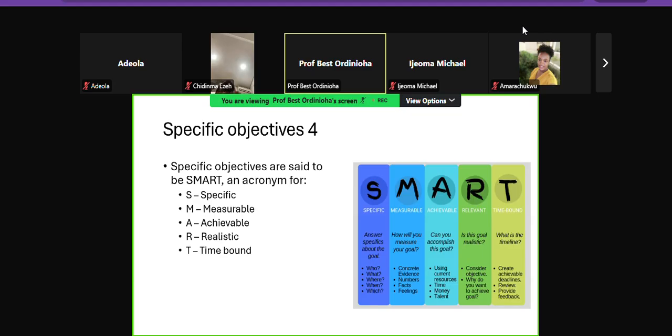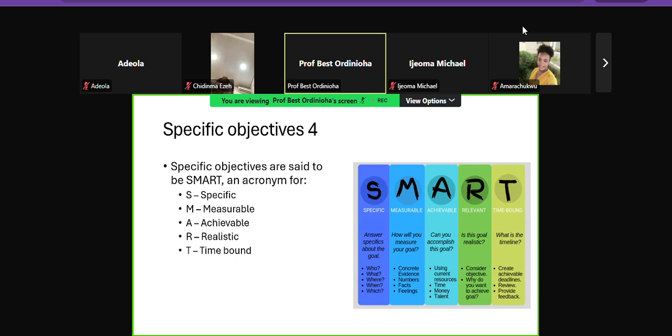But for us, we prefer using specific objectives, study objectives, because study objectives are smart and we like quantitative, we like data, we like figures, so that we can analyze them and bring out interesting findings.